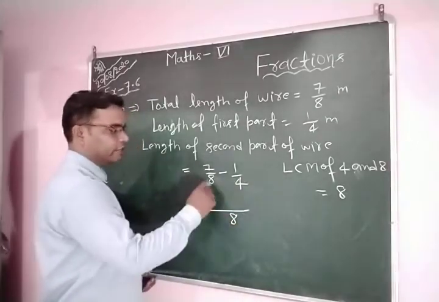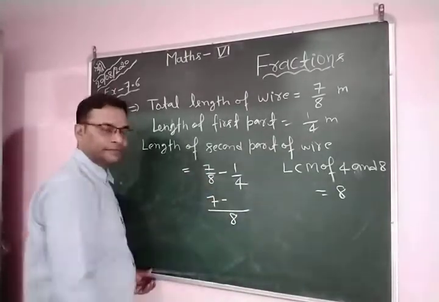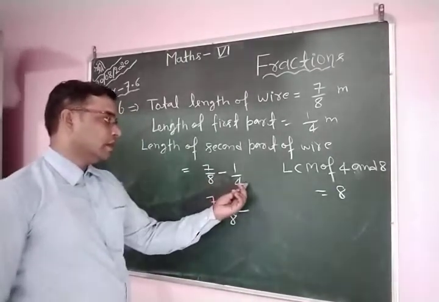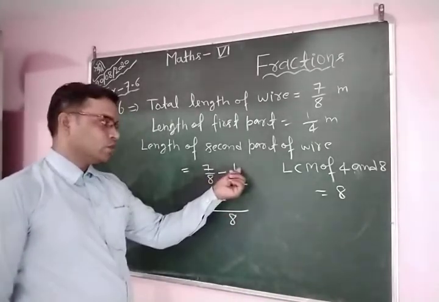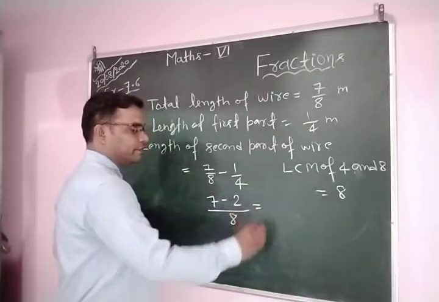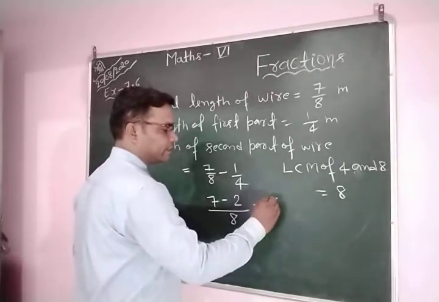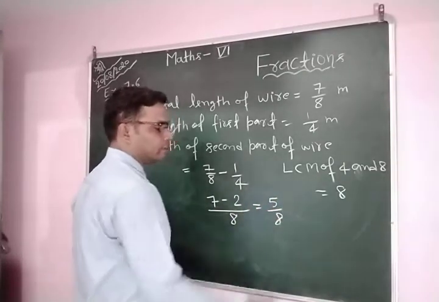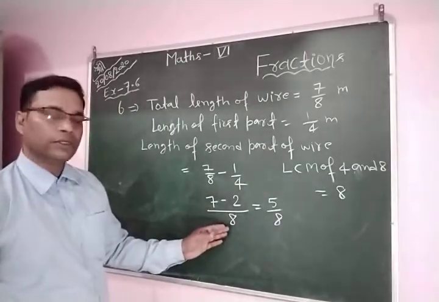Again, 8 ones are 8, so 7 minus; 4 twos are 8, 2 into 1 is 2. So 7 minus 2 is equal to 5, 5 by 8.